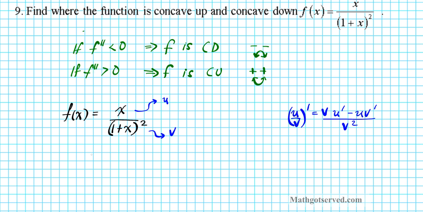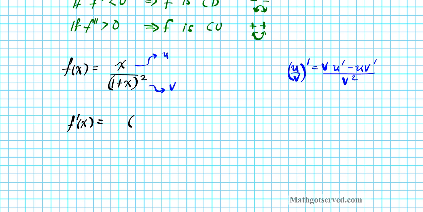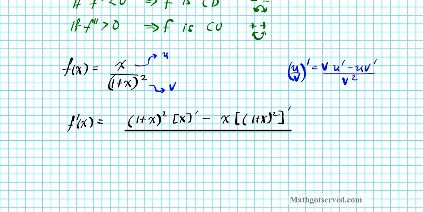All right, so f prime, the first derivative, is going to be v, which is 1 plus x quantity squared, times the derivative of x, minus u, which is x, times the quantity 1 plus x squared prime. All right, and then that's u v prime, and then we divide that by v squared.